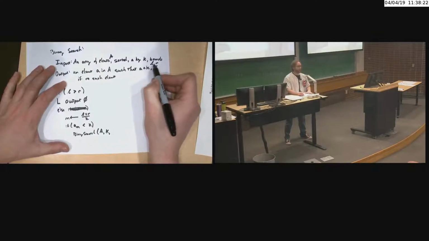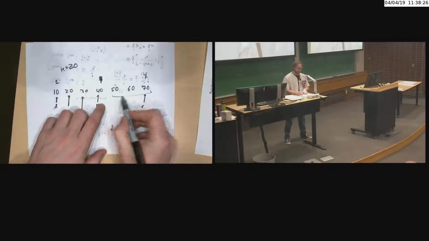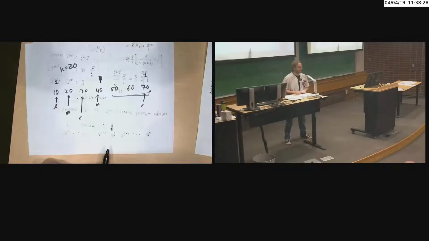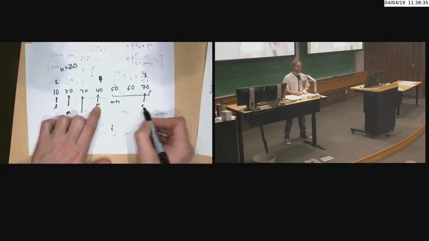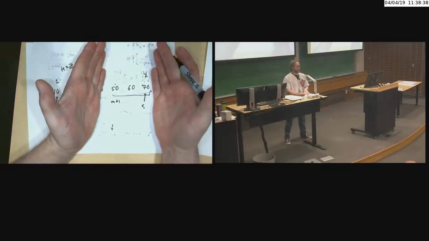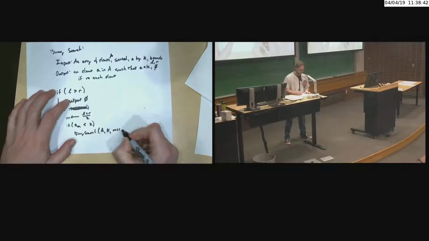They're not going to be L and R anymore. What should my new bounds be if I want to recurse on this section of the array? What's the next one over? M plus 1. Does R change? Nope. That's still in my scope. So it'll be M plus 1 and R.